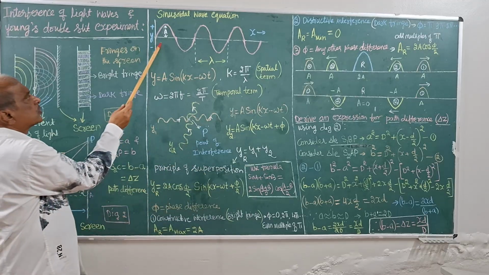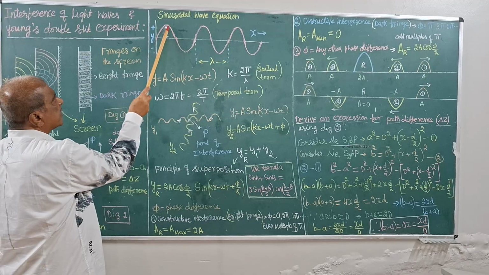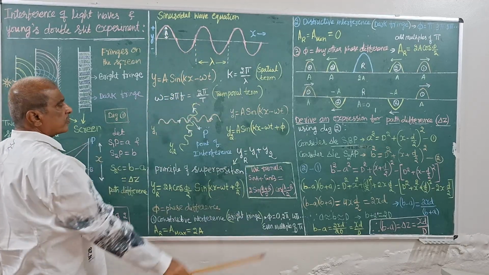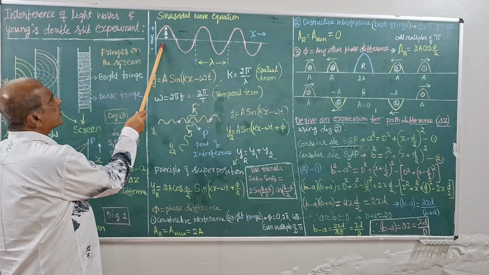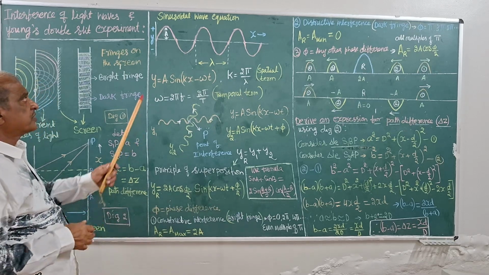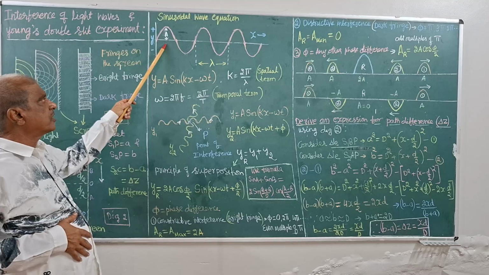And this wave is due to displacement of a particle from the equilibrium. One time it displaces in one direction, other time in the other direction, like this. This is the wave nature.